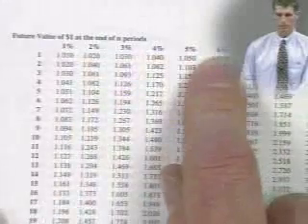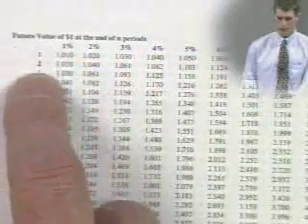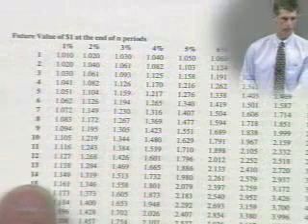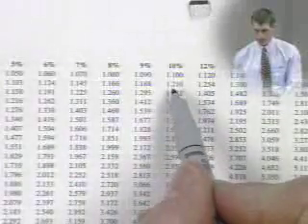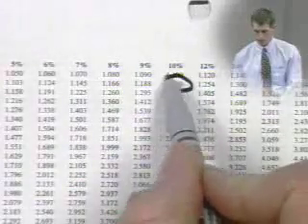Notice on the table, if you go across the first row, we have interest rates. If we go down the first column, we have number of periods. So in this particular case, we are in our second period, and we're going to go over to 10%. So the number I pick off the table is 1.210.